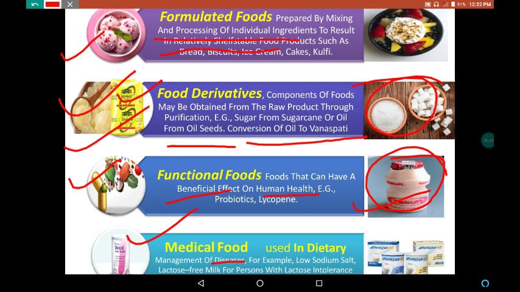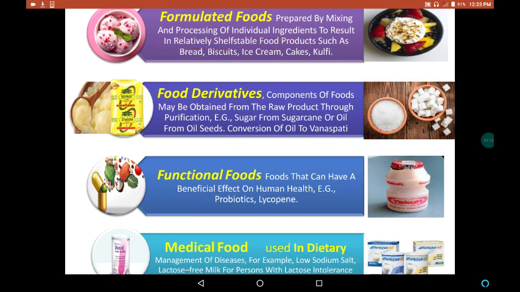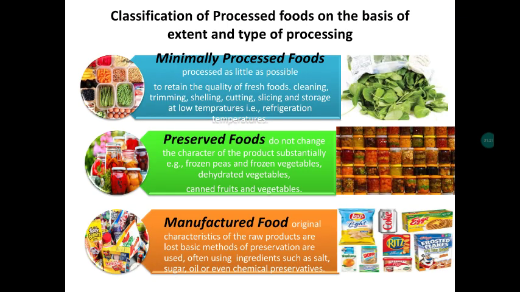For example, low sodium salt for high BP patients, or lactose free milk for those persons who have lactose intolerance. So there are 7 types of food division on the basis of extent and type of processing.